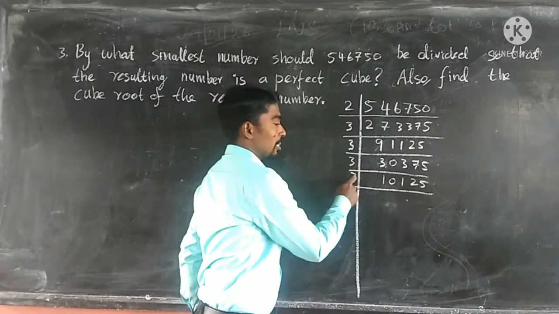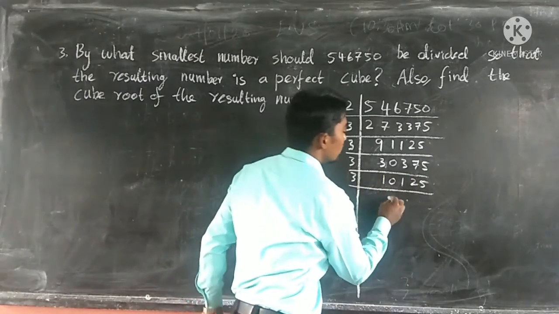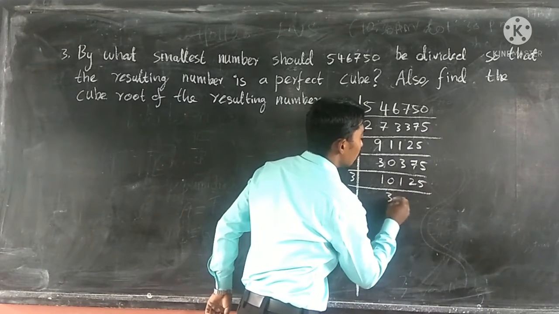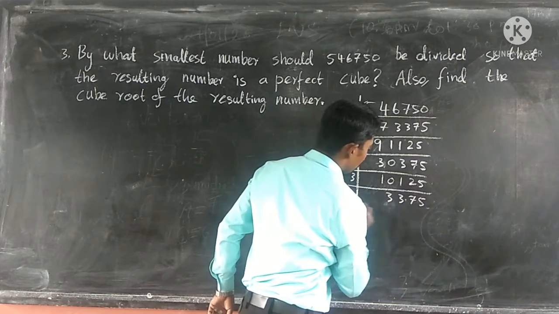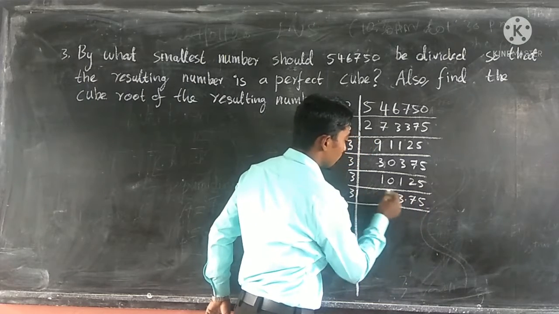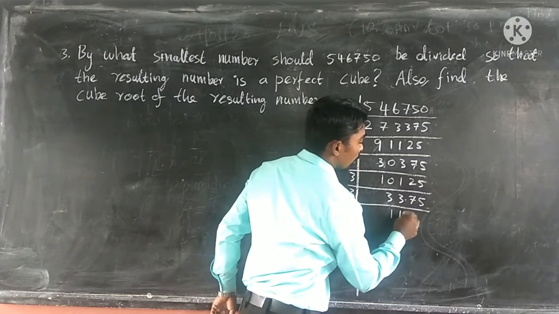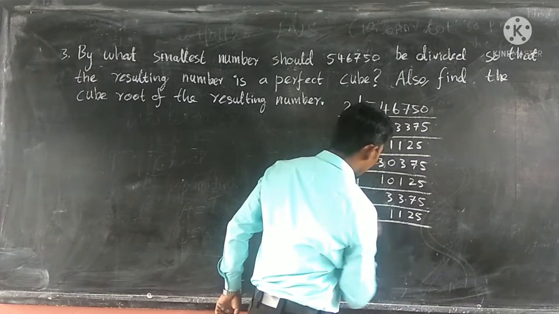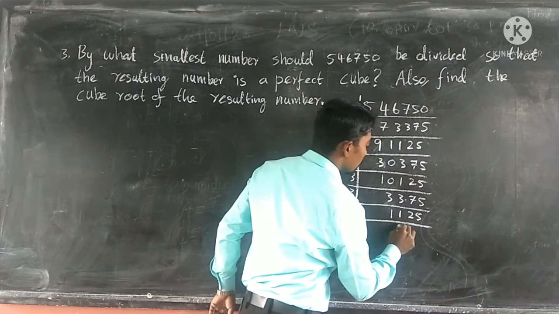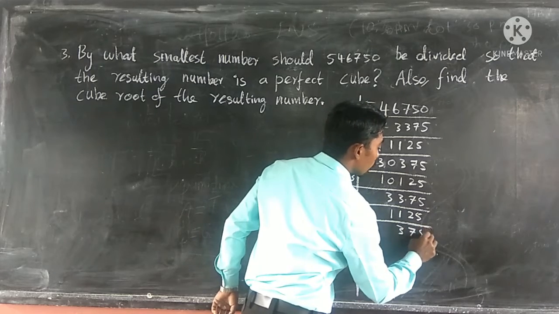We can divide this number by 3, we will get 3,375. We can divide this number by 3, we will get 1,125. We can divide this number by 3, we will get 375.